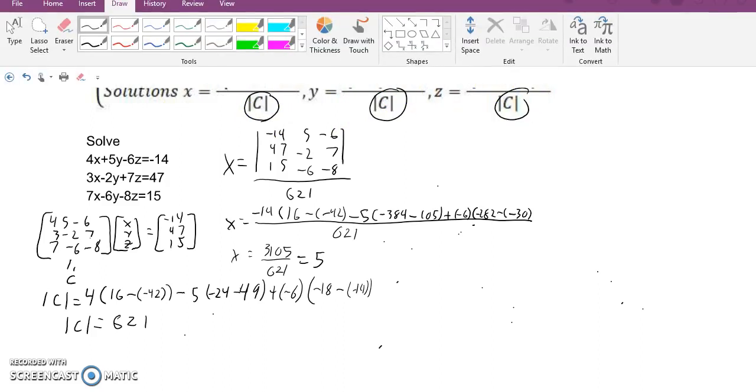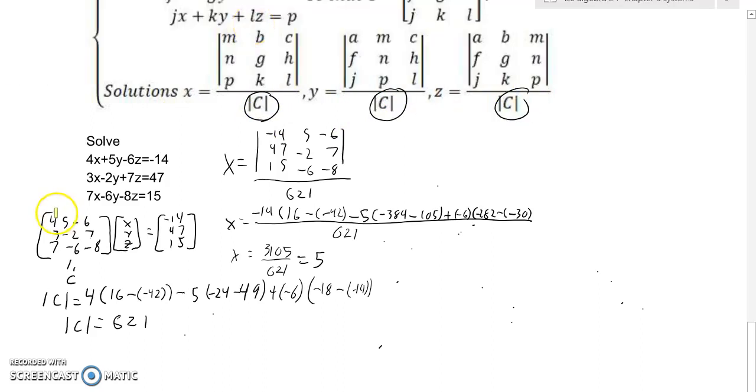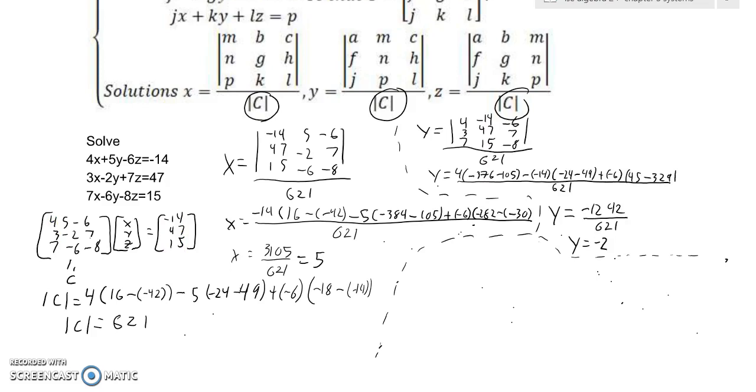When you go to find your X, you replace the X column with the answer column. And then you take the determinant and you divide by the determinant of C. And surprisingly, we get X equals 5. So we just compute the determinant and find our Y equals negative 2.